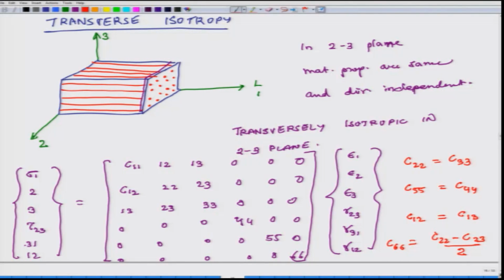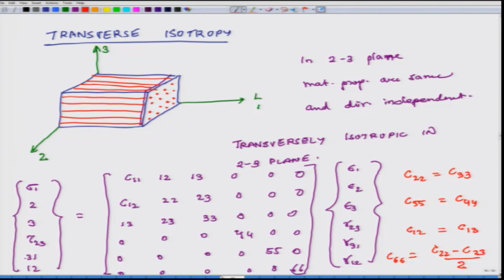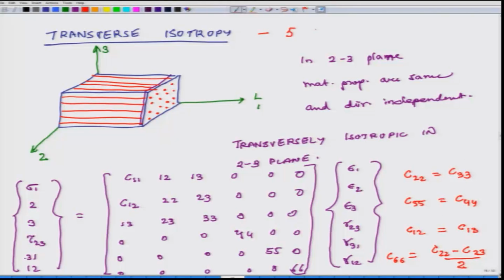That instead of 9 independent elastic constants, we now have only 5 independent elastic constants, and the remaining 4 can be found from these 4 equations. So, a transversely isotropic material which is 3 dimensional, not very thin, has 5 independent elastic constants. This is important to understand.